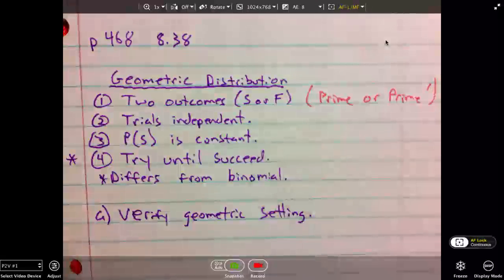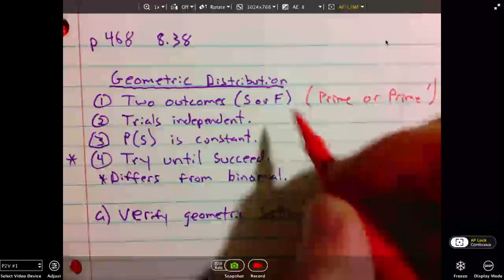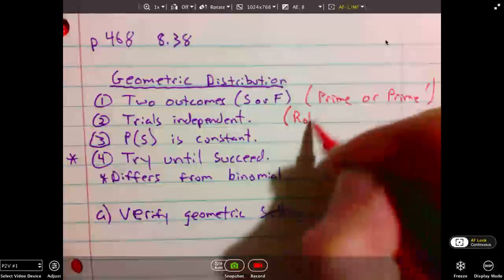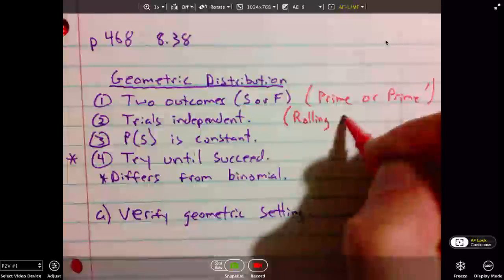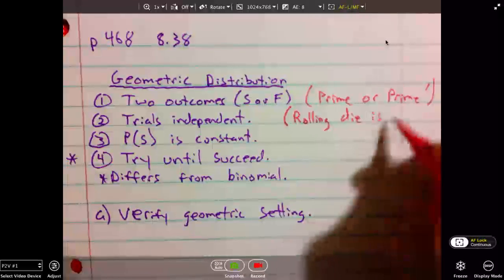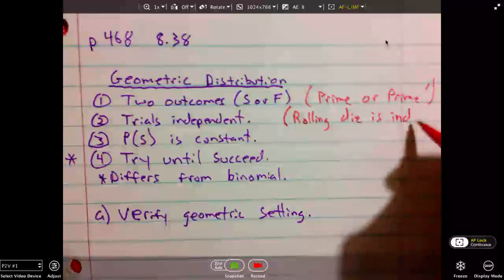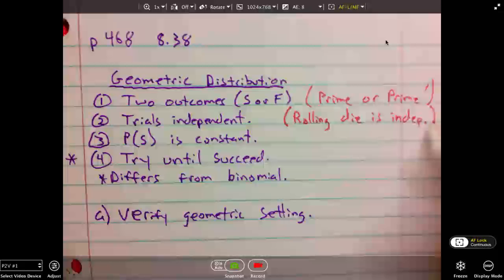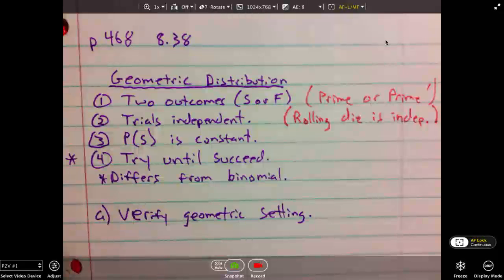Are the trials independent? Certainly by now you know that rolling a die is independent. That is, the die has no memory.